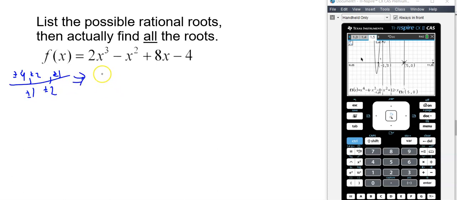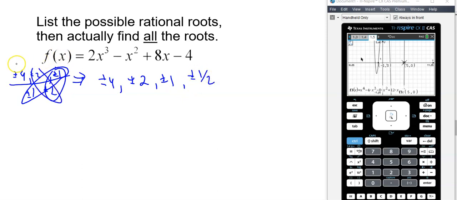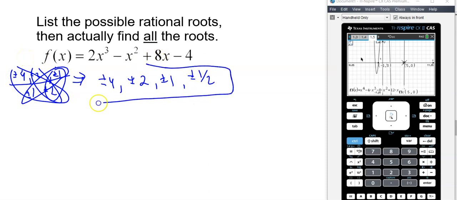So if I put that together, it's all those over 1, so plus or minus 4, plus or minus 2, and plus or minus 1. I could do the 1/2 here, so plus or minus 1/2. 2 over 2 is 1, I already have that, and 4 over 2 is 2, I already have that. So there's really just 8 possibilities there. Those are the possible rationals.